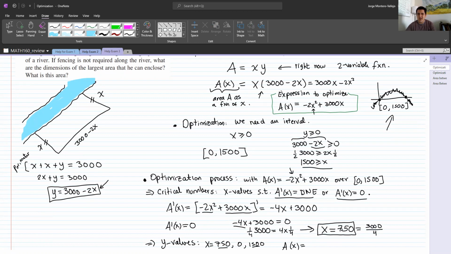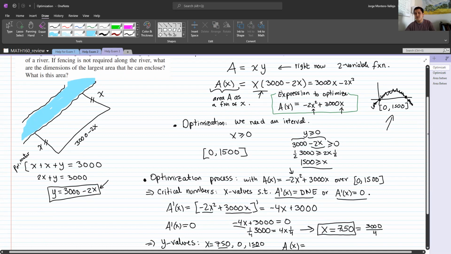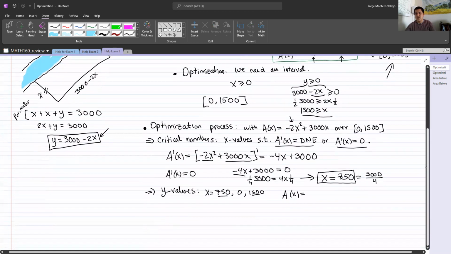Or multiplying it by 3,000 again, that's not going to be fun. So it's going to be easier to do it with this one over here, and you will see why. That's usually the case. When plugging in to find the y values, just go back to the very first expression that had the linear terms multiplying each other.